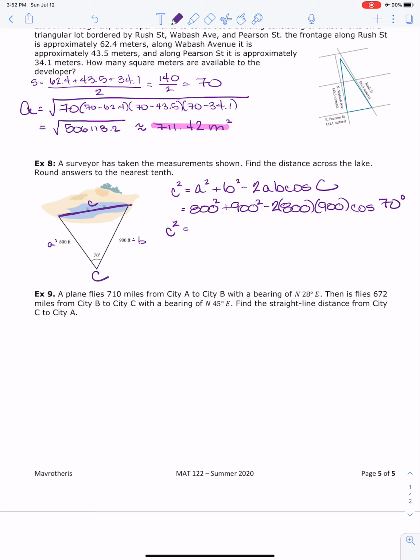We crank that out and we get C squared is 957,490.99. Could round that up here, might as well just let that go at this point. We can round at the end. We get C is approximately 978.5 feet.